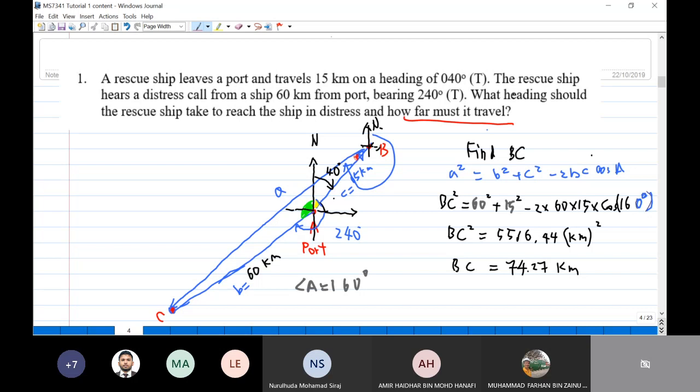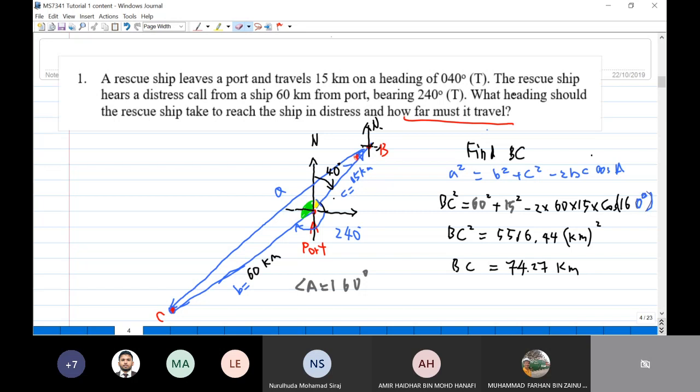Okay, next. Once I know A is already 74.27, I have a lot of information to find out the direction the rescue ship must go, right? So where's the direction now? The rescue ship must go in which direction? Let's look at the direction I'm talking about here.